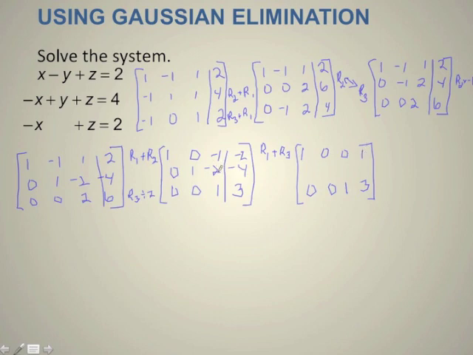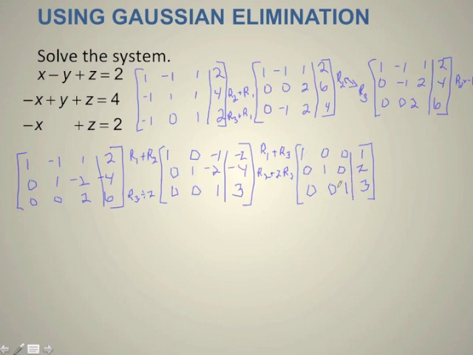And then I need to get a 0 here, so I'm going to take row 2. I'm going to add 2 row 3's. Well, first two numbers in row 3 are zeros, so they won't change row 2. -2 plus 2 will be 0. -4 plus 6 will be 2.